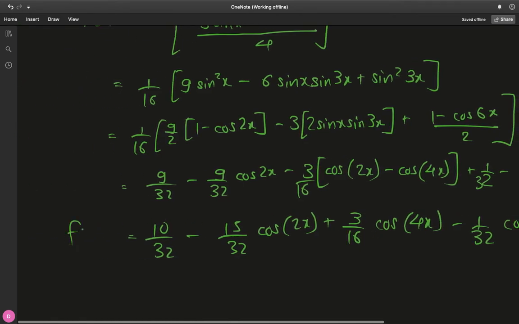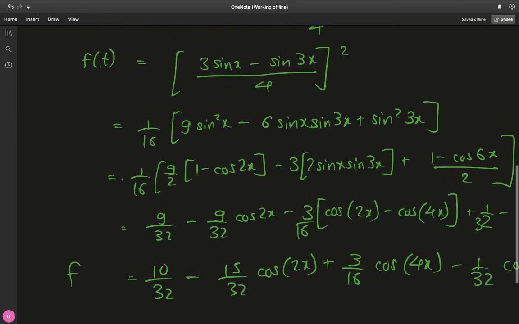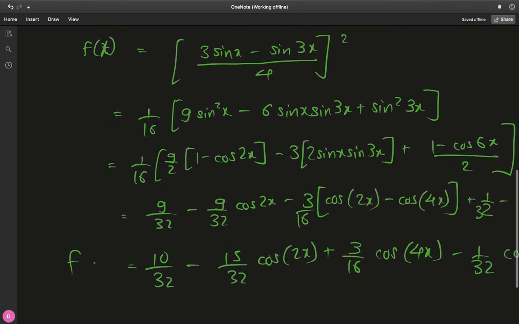This is basically the simplified expression for our f of, let's not call it t, f of x.